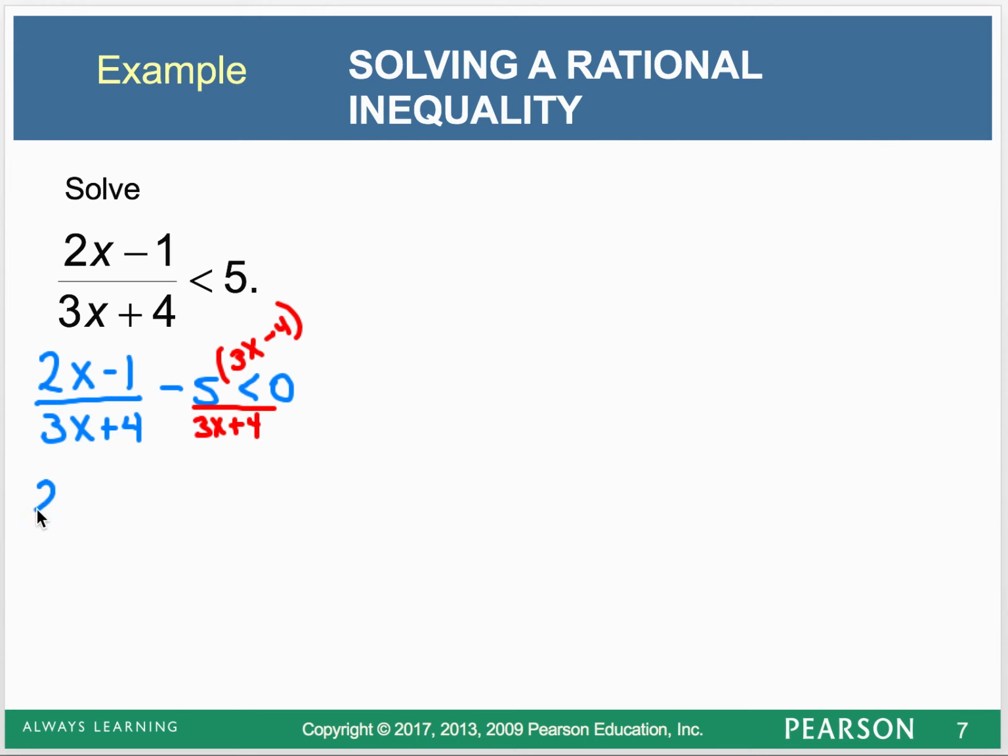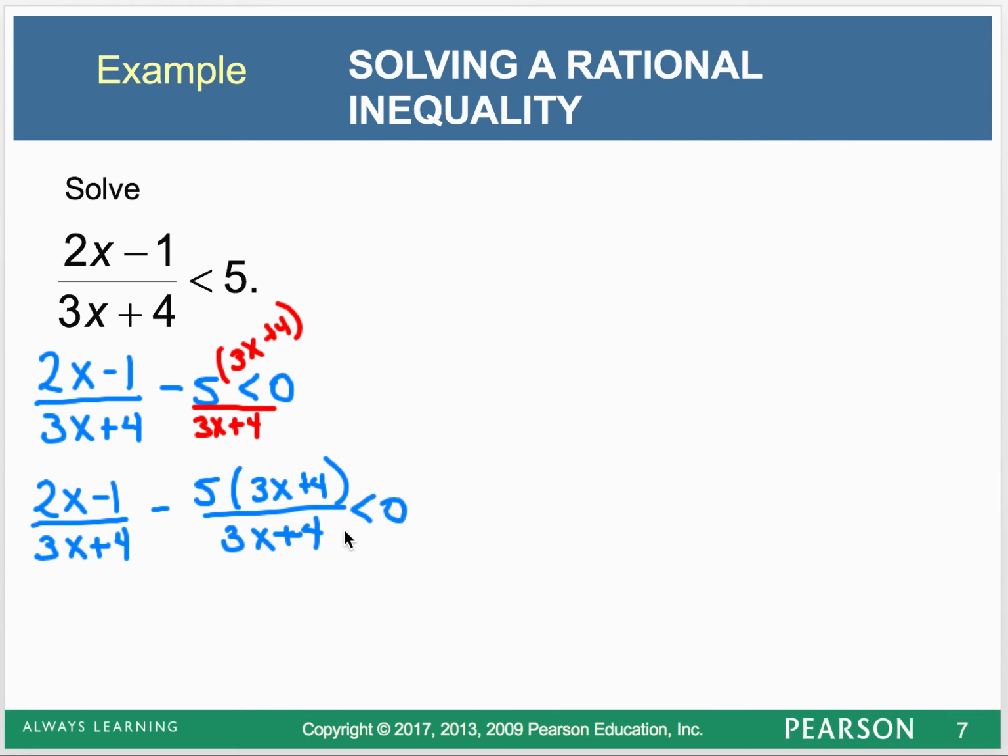So I would have 2x minus 1 over 3x plus 4 minus, and then I'm going to have 5 times 3x plus 4 over 3x plus 4. I've got to multiply top and bottom by the exact same thing to make it equivalent. I could cancel those out and I'd be right back at 5, less than 0.